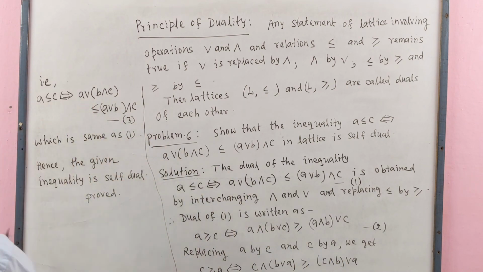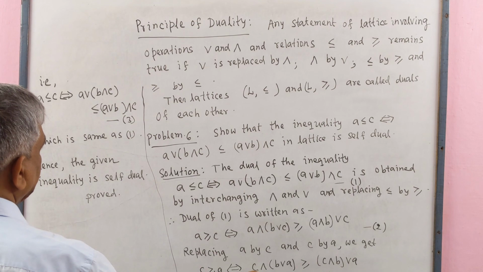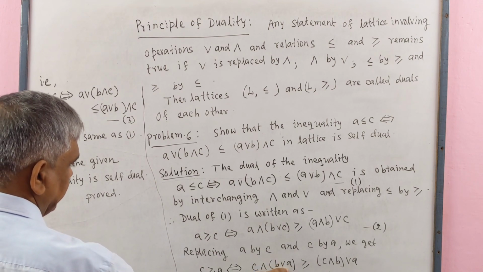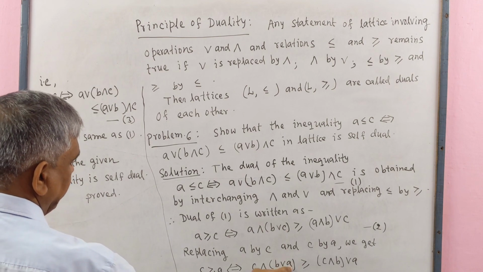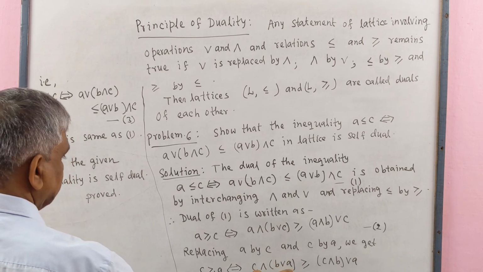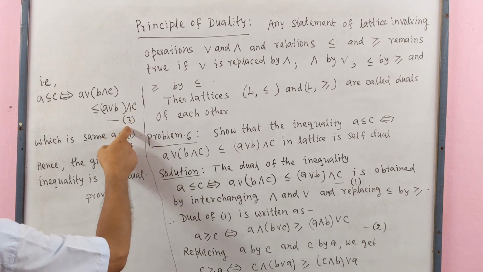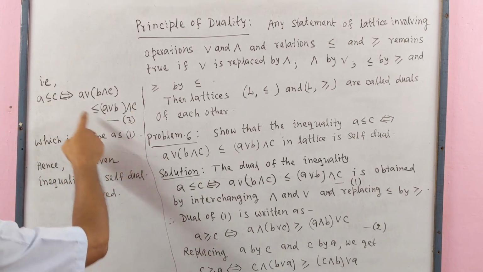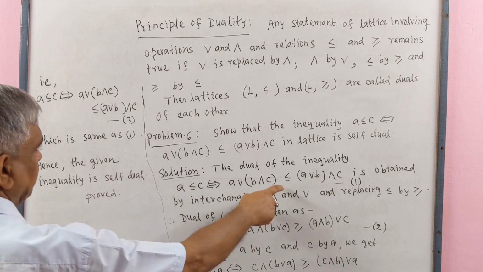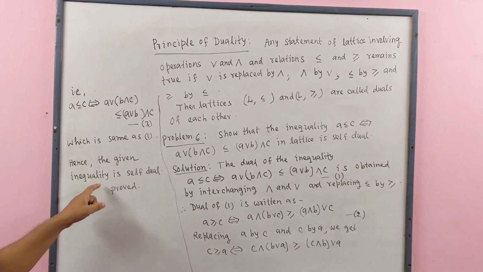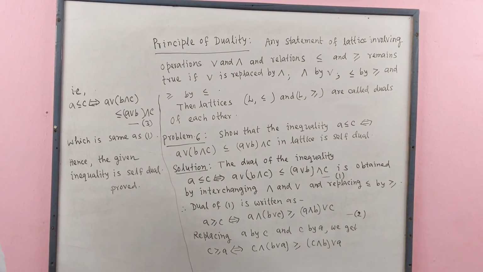On the right side we write A join B, since this is commutative, B join A means A join B. So we write (A join B) meet C, which is the same as 1. Hence the given inequality is self-dual. Proved.